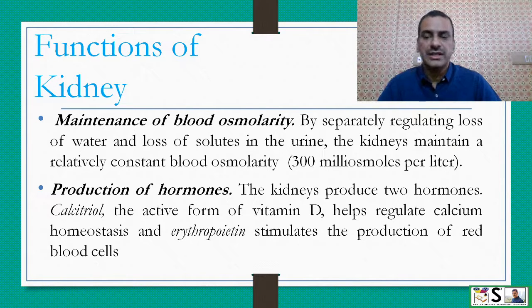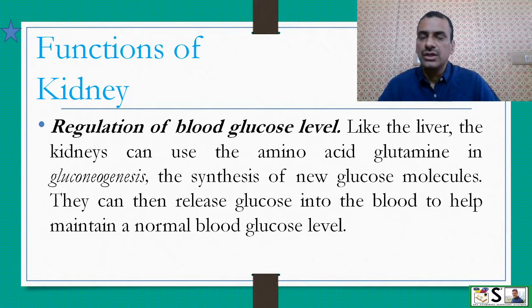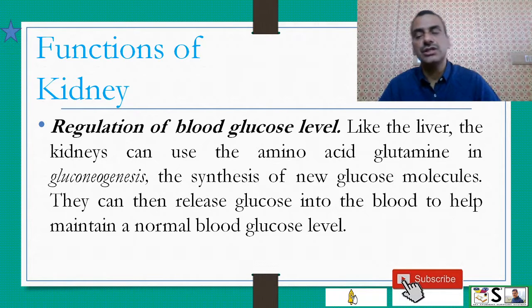Calcitriol, the active form of vitamin D, helps regulate calcium homeostasis, and erythropoietin stimulates the production of red blood cells. Regulation of blood glucose level. Like the liver, the kidneys can use amino acid glutamine in gluconeogenesis, which is the synthesis of new glucose molecules. They can then release the glucose into blood to help maintain a normal blood glucose level.